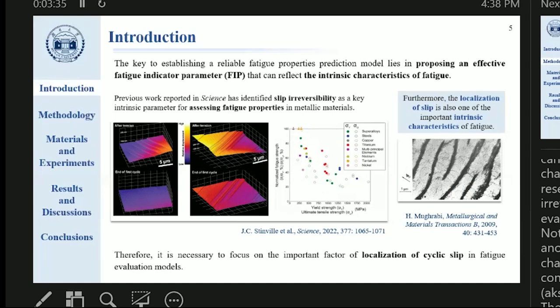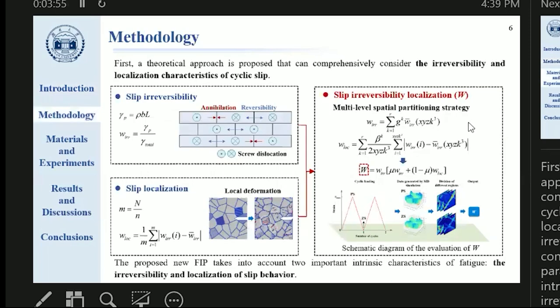As highlighted on the slide, it is necessary to focus on the important factor of localization of cyclic slip in the fatigue evaluation model. We propose an approach that comprehensively considers two core characteristics of cyclic slip, namely slip irreversibility and slip localization.